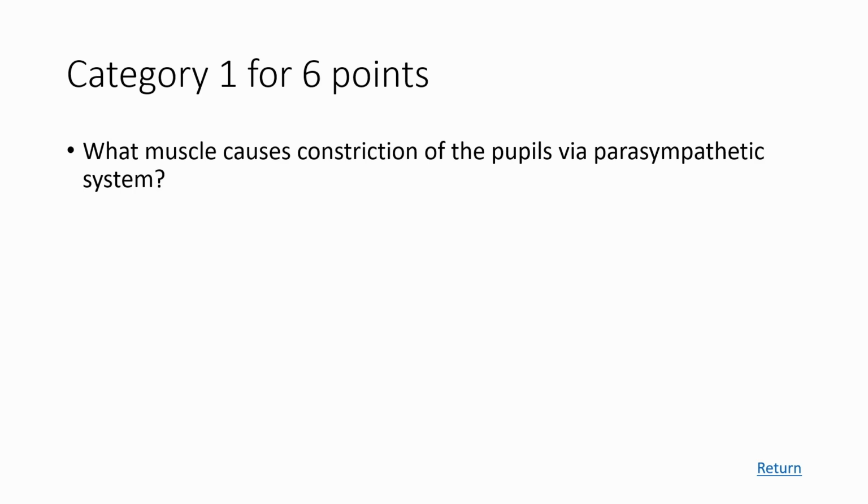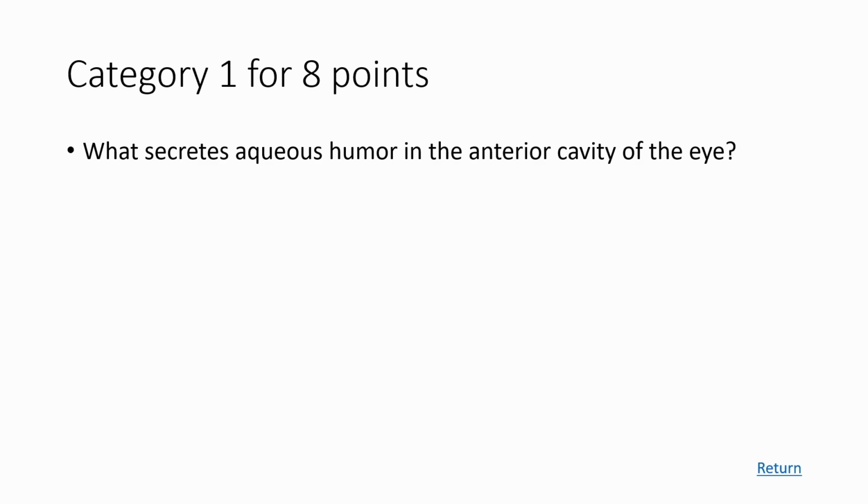What muscle causes constriction of the pupils via parasympathetic? This is your circular. And what's that going to do to your pupil? Constrict it. What structure secretes the aqueous humor? Ciliary bodies. Canal of Schlemm drains it away.